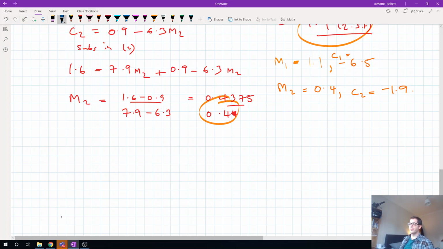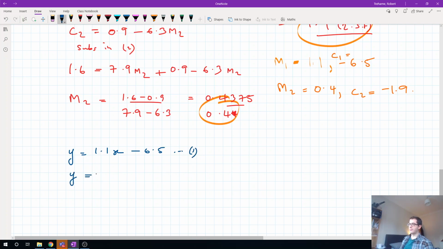Let's do it in blue. So I'm going to say y is equal to m1, which is 1.1x, plus c1, which is minus 6.5. Okay, and then I'll do it again.